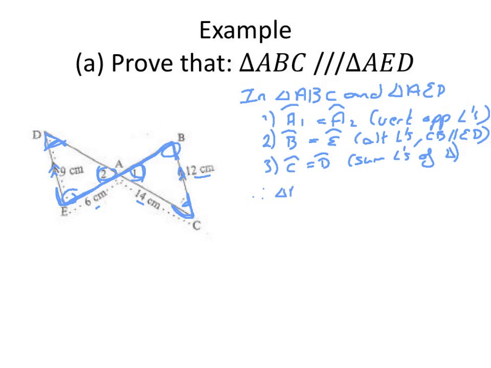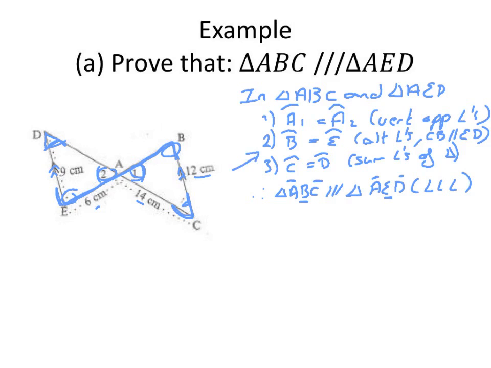Therefore, triangle ABC is similar to triangle AED. My reason is angle, angle, angle. And the order these triangles are named in is very important. This shows me angle A is equal to angle A, angle B is equal to angle E, and angle C is equal to angle D, which is what we've proven over here.